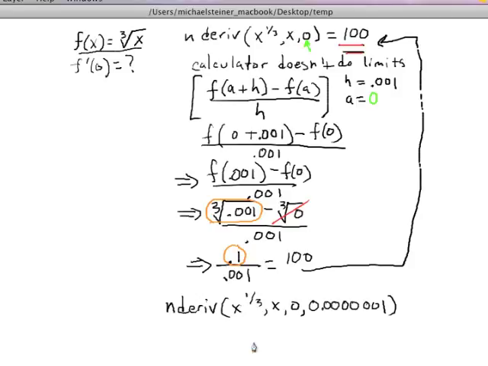I'm not going to do it on my calculator right now, but you'd get something like 300,000. And then if you got an even smaller h, so a better approximation of the derivative at x equals 0, you would get an even larger number. Okay, I don't know if that was helpful, but I'm at peace now.